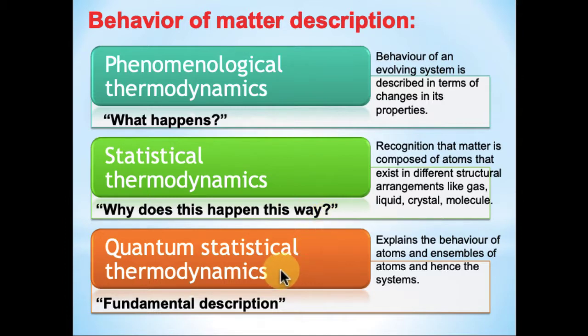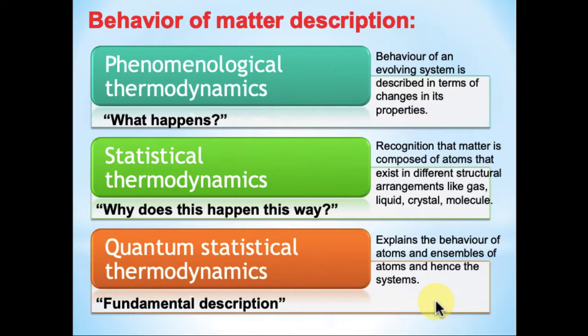And finally, quantum statistical thermodynamics, which recognizes that single atoms and groups of atoms have an internal structure mostly residing in the distribution of electrons in space and in associated energy in the system.